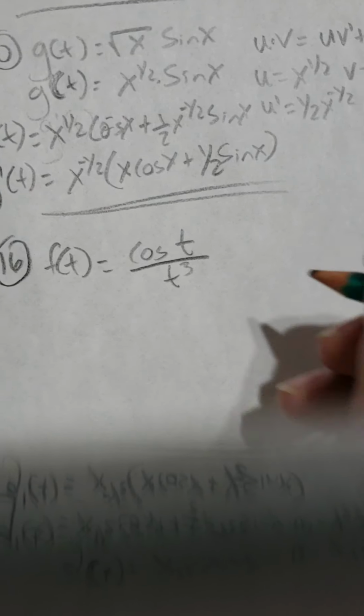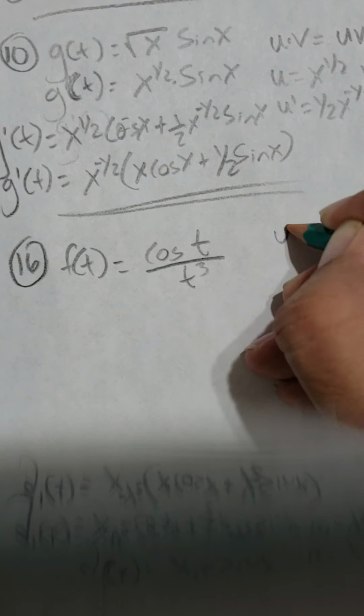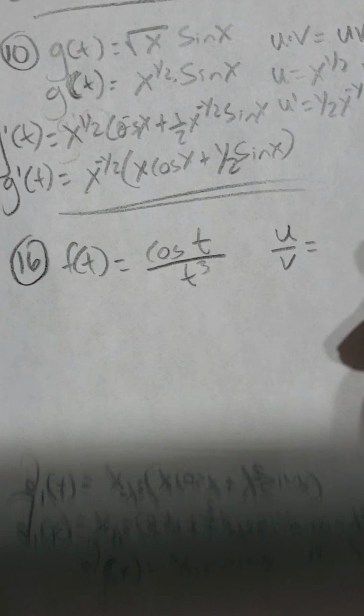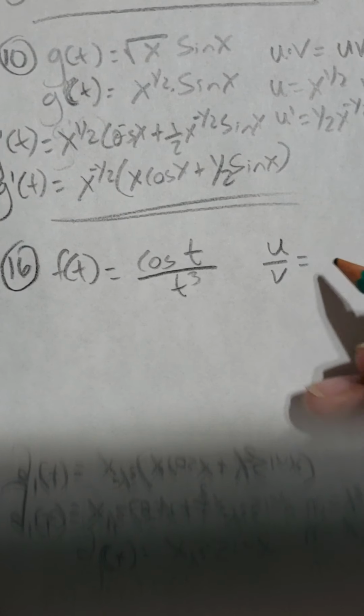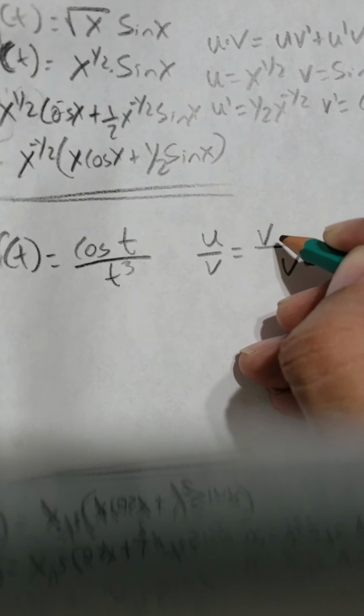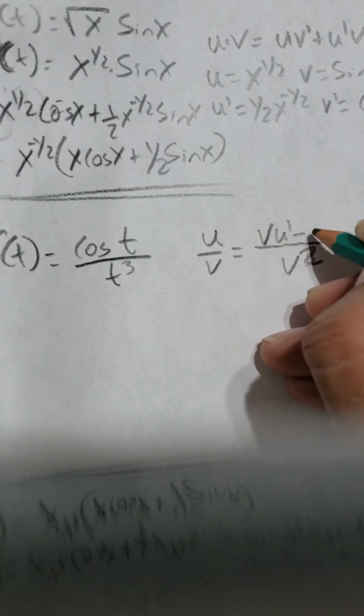Remember, the quotient rule says that we have u divided by v, then the denominator will be v to the 2nd power, and the top will be v times u prime minus u times v prime.